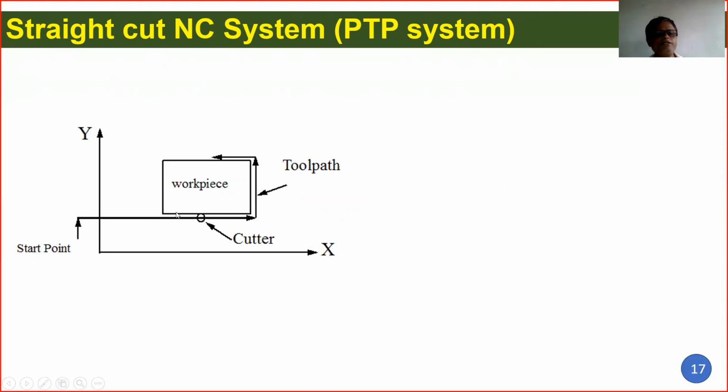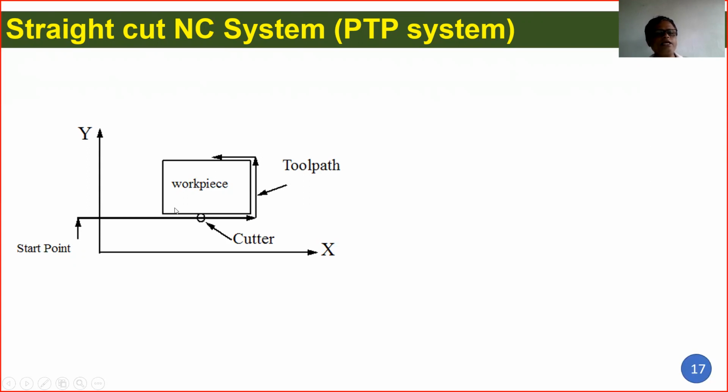So this is the workpiece. This is the milling cutter. You can see in the diagram that the cutter is able to move only parallel to the principal axis. So the cutter can move parallel to X axis or the cutter can move parallel to Y axis. Hence it is called straight cut NC.